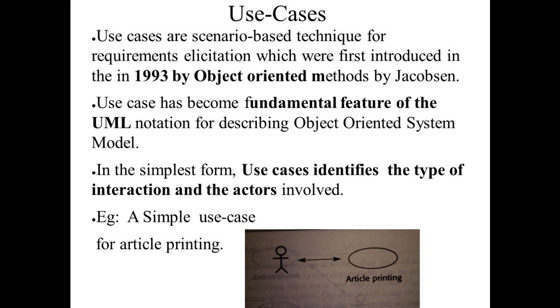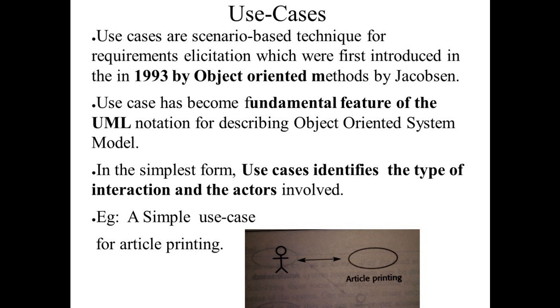Let us understand in detail about use cases. Use cases are a requirements discovery technique that were first introduced in the Objectory method by Jacobson in 1993. They have now become a fundamental feature of UML, that is Unified Modeling Language.